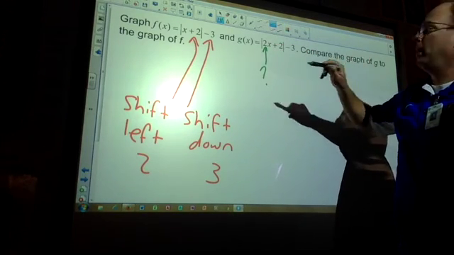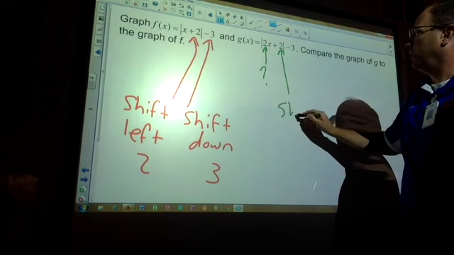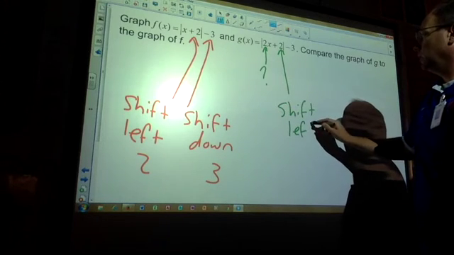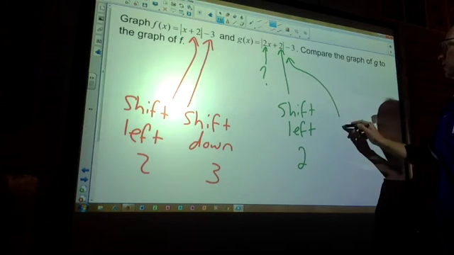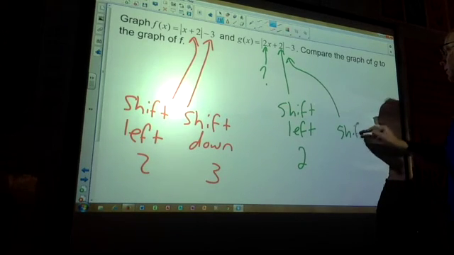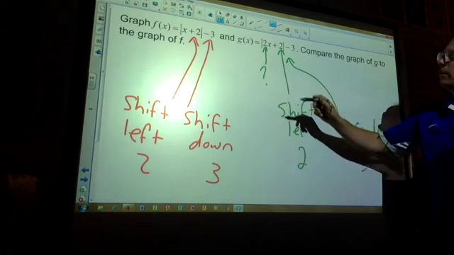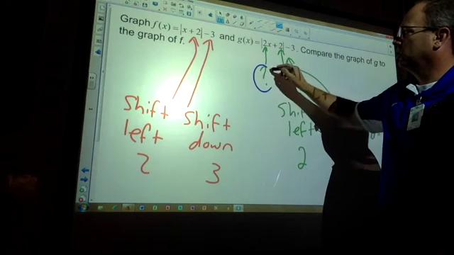Let's not worry about it. What's this doing? Shift left 2. Left 2. It's still going down 3. Shift down 3.